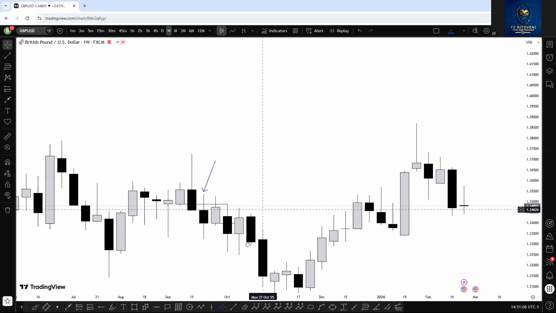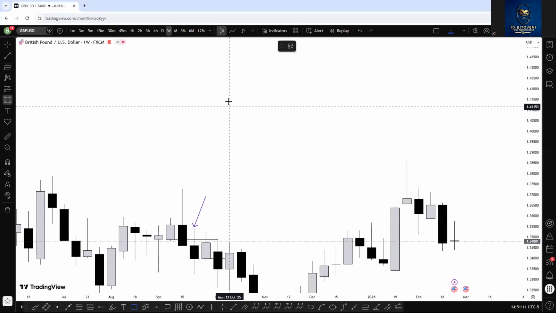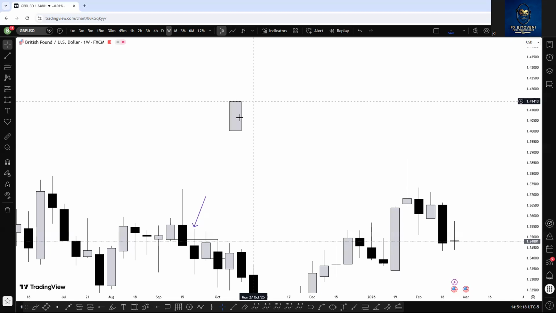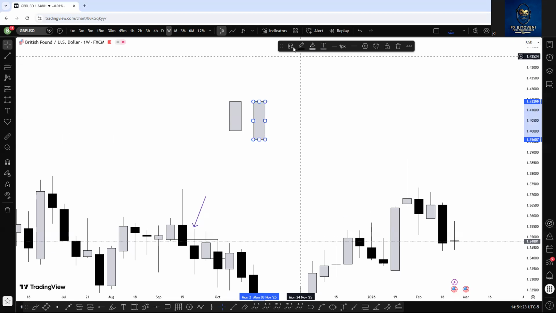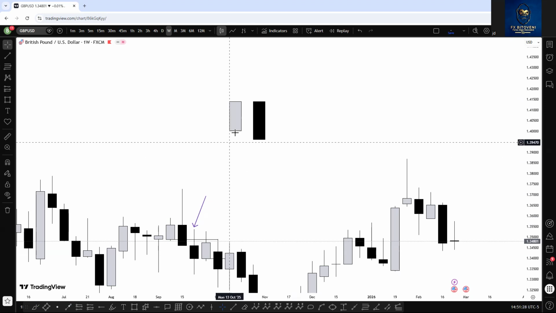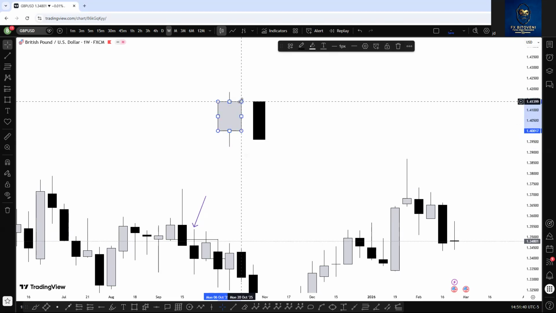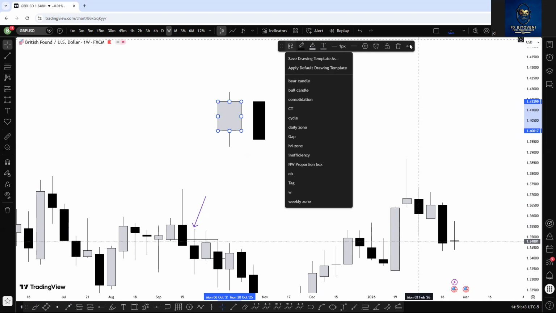So for example, you may have a bullish candle, and then you have a bearish candle trading below the open of the bullish candle. So this is the wick. Here you have a wick, for example.